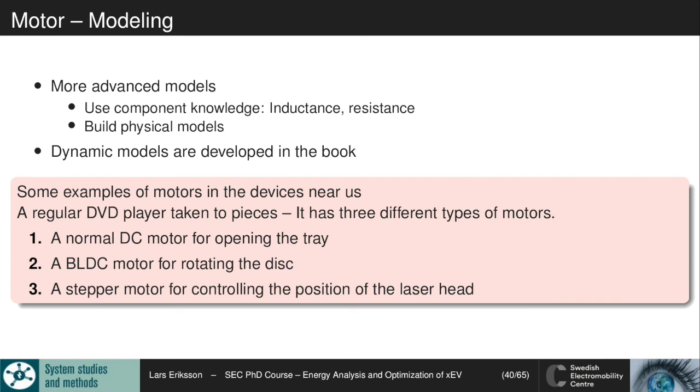A BLDC is a brushless DC motor that is essentially a synchronous machine that can be controlled with a special device, so that together with the control system it acts as a DC motor. And it has a stepper motor for controlling the position of the laser head, so that the laser head will get its most accurate position.